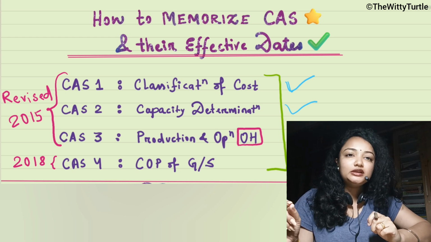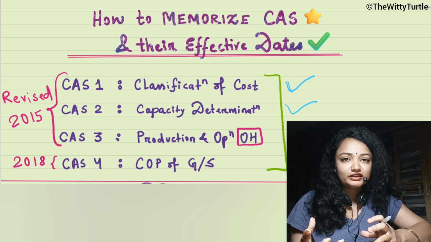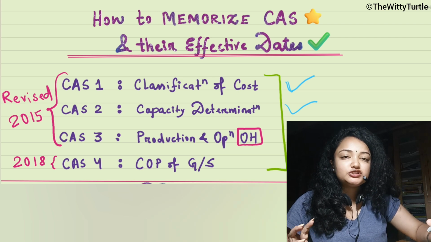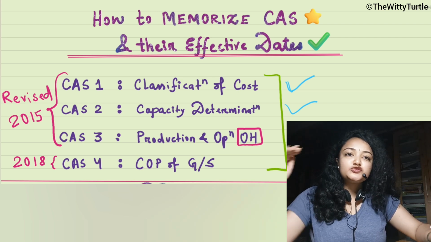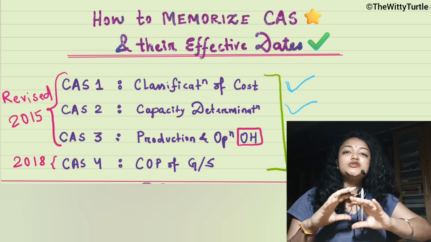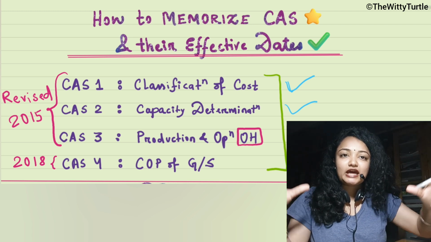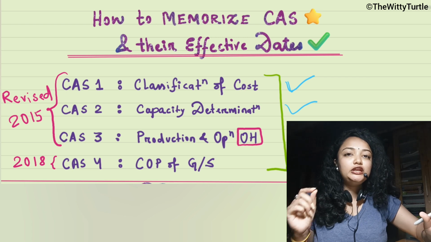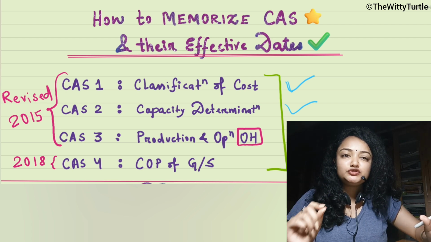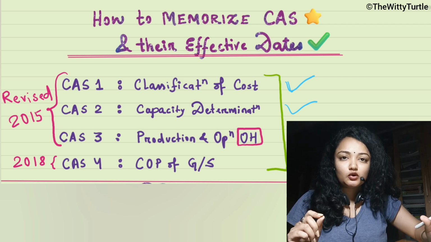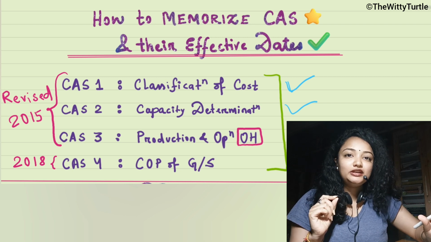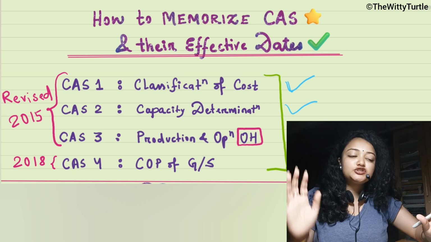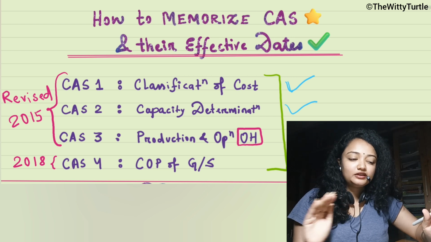First, we have to segregate the entire cost into different heads. After knowing the heads, we need to understand the capacity for which we are going to ascertain the cost. Once that is decided, we will start manufacturing. So obviously, production and operations overhead.